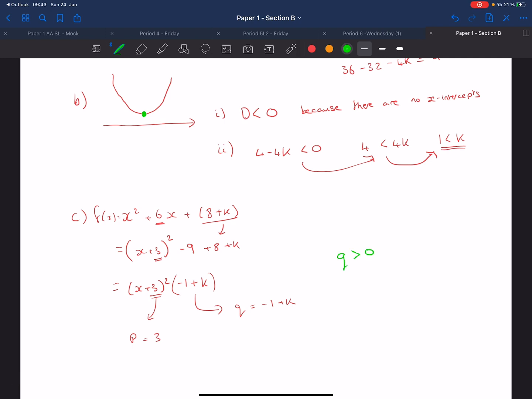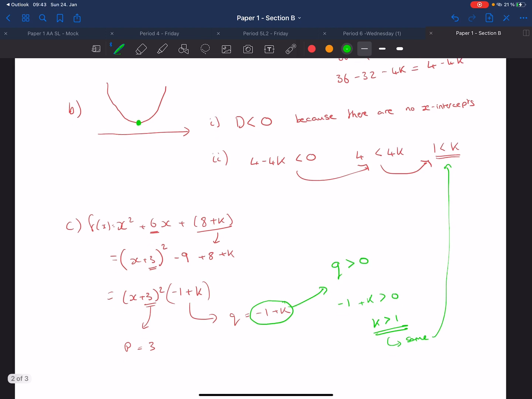So if we substitute in our expression for q into there, we've got minus 1 plus k is greater than 0. If I take that one to the other side, then I have k is greater than 1. And that is exactly the same as what I said up here. So that is why our answer to part C can confirm our answer to part 2B part 2. Oh, I really like that question.